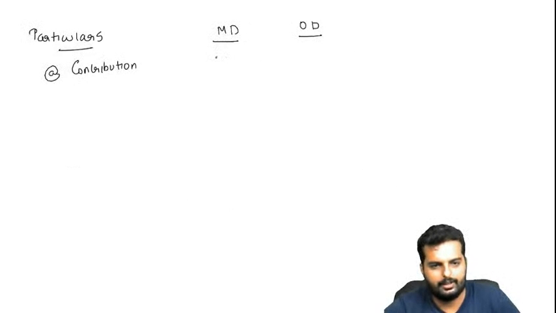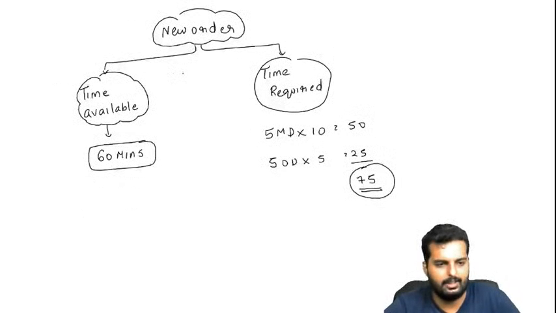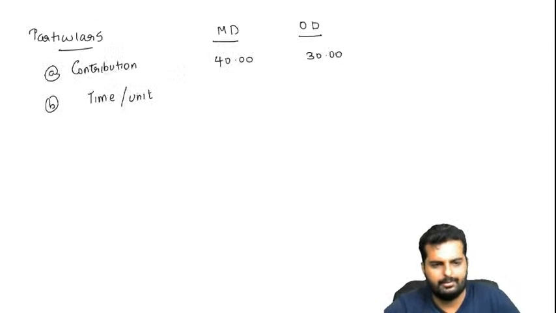Did you get it as 40 and 30? 40, 30, that is the contribution. Okay, we have the time per unit. How much is the time per unit? That is 10 minutes and 5 minutes.